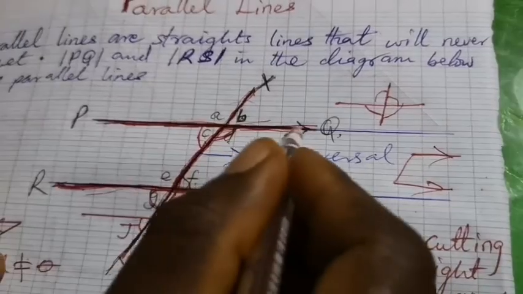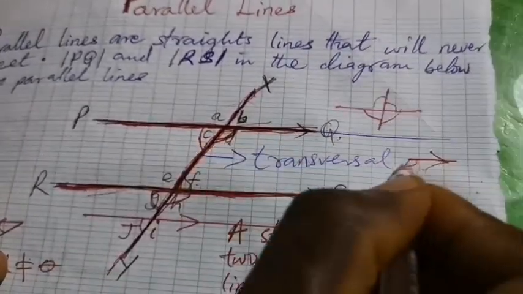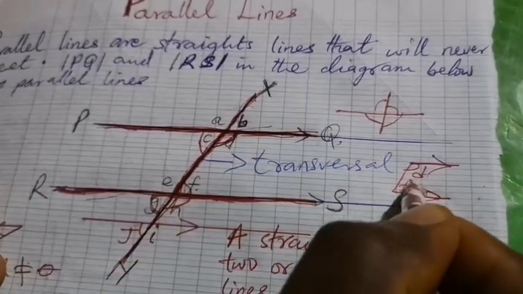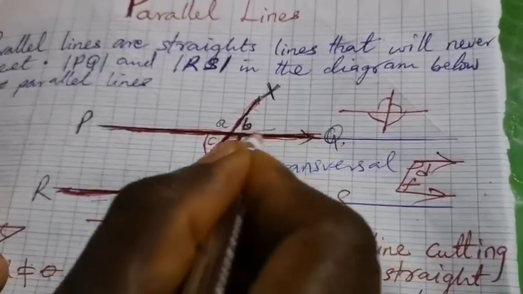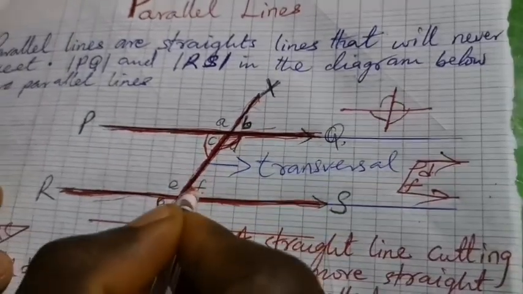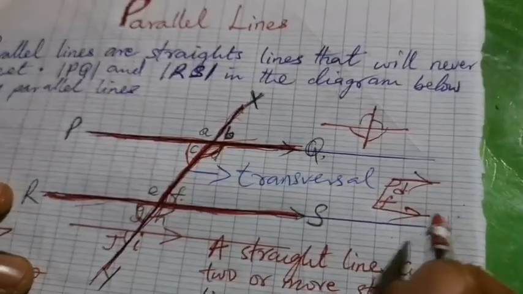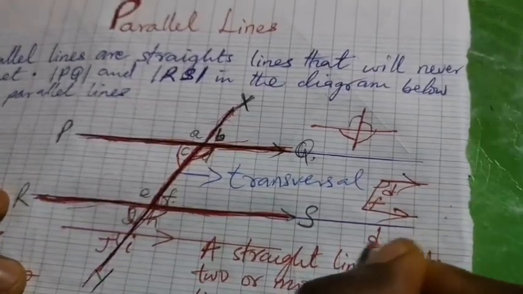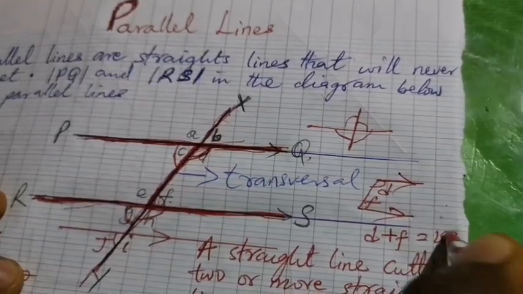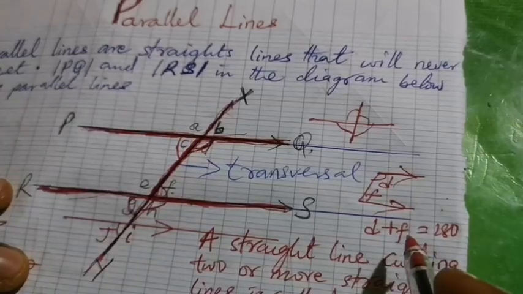If I trace it out this way, this place is D and this place is F. Trace very well, don't make mistakes. This is F. It means that D plus F is equal to 180 degrees, and the reason is what?